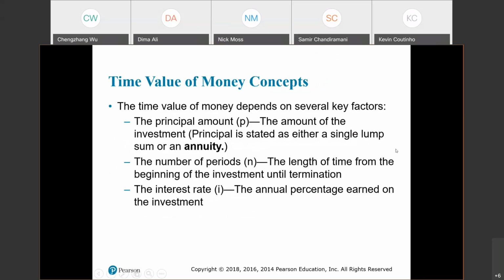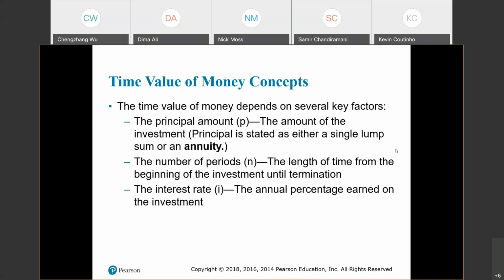So here, regarding time value of money, I would like to introduce another three concepts. One, the principal amount, which is short for letter P. The principal refers to the amount of investment or borrowing.